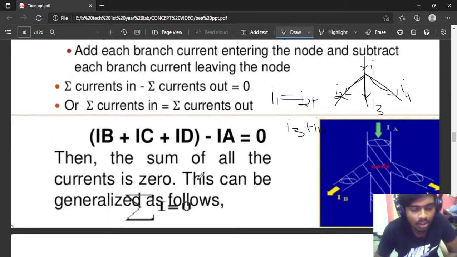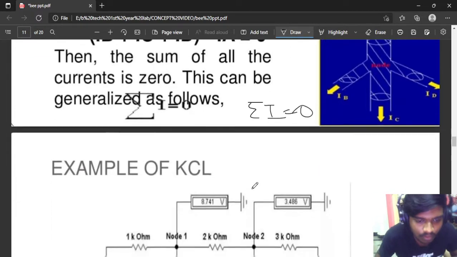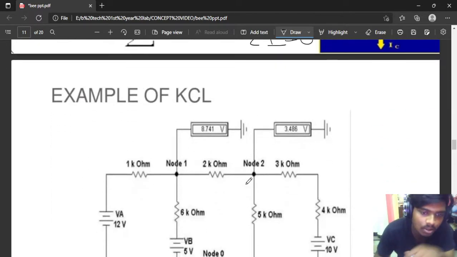Then the sum of all currents is 0. This can be generalized by sigma I equals 0, and we are going to see some numericals of KCL.